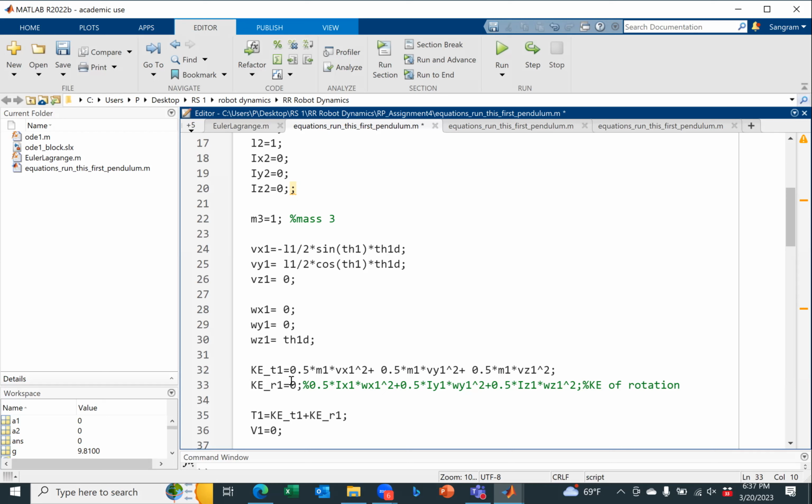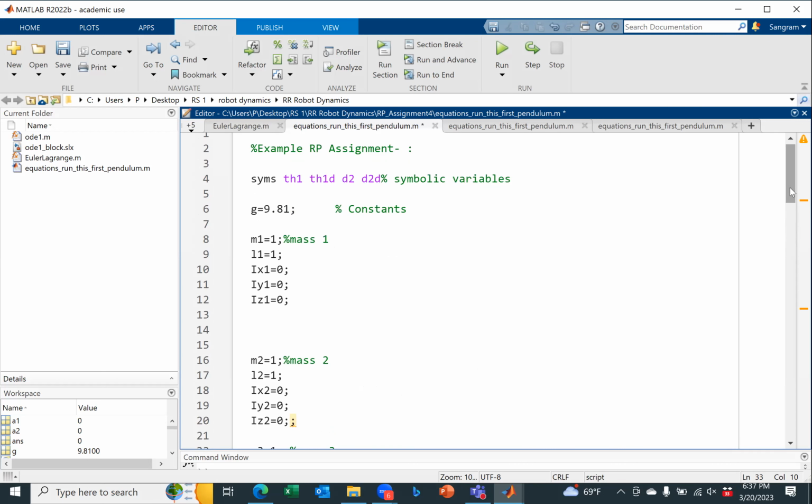So I want you to understand the first value, the L1, which is the length of the revolute, this distance L1, this distance is given. M1.